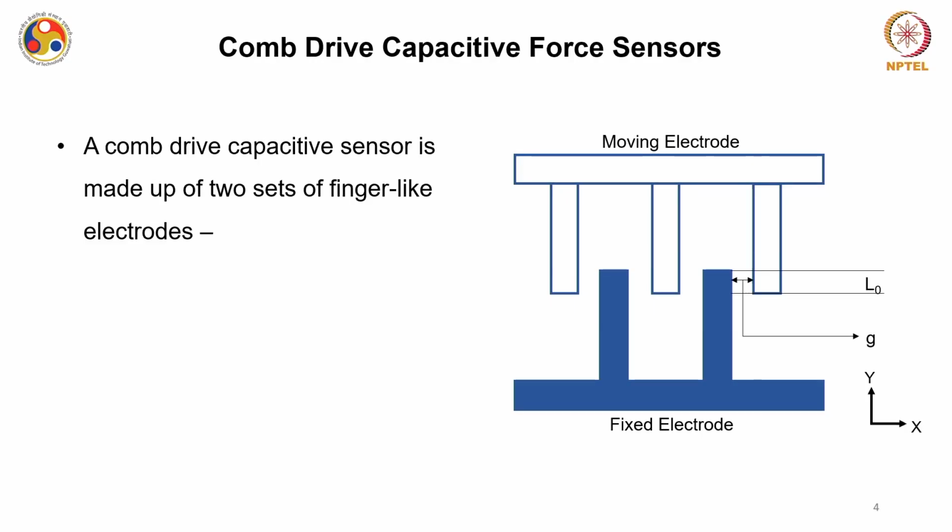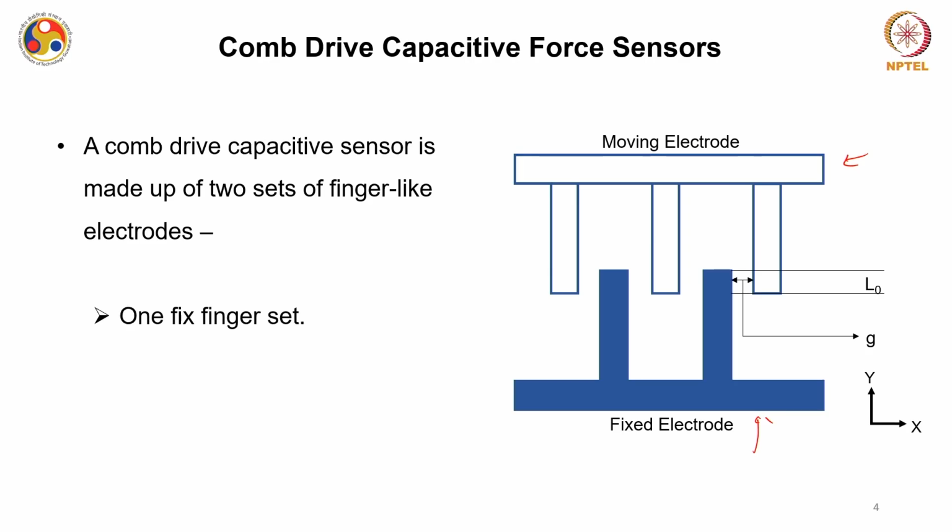Let us discuss a comb drive type of capacitive force sensor, which is of utmost importance because of its large applications. A comb drive capacitive sensor is made up of two sets of finger-like electrodes. You have a fixed electrode configuration and a moving electrode configuration. Both electrodes are made of some metal, mostly gold or platinum.